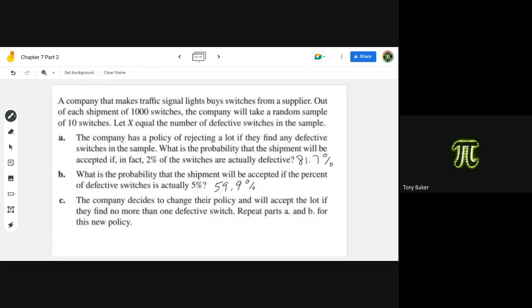If you add the 0.167 to the 81.7, we now have a 98.4% acceptance rate. And if you do it for the 5%, you add 0.315 to the 59.9, and you're at about a 91% or 92% success rate.